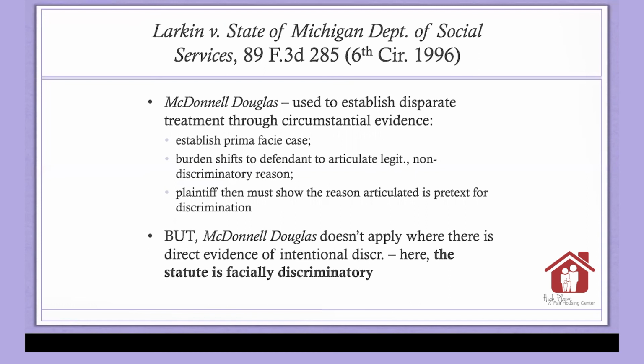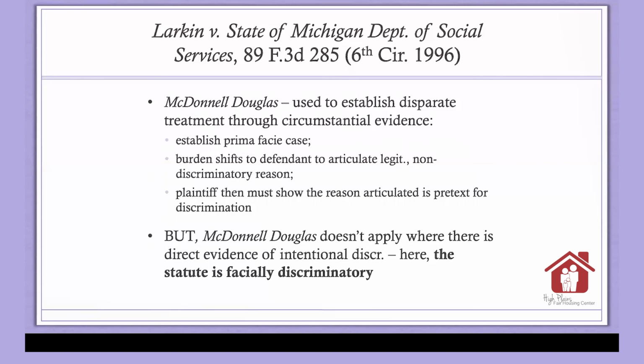And then the plaintiff has a chance to show that the reason articulated is pretext for discrimination. Well, that's where we're trying to establish disparate treatment with circumstantial evidence, because we don't have direct evidence. But here it doesn't apply. We don't need the McDonnell Douglas framework where there's direct evidence of intentional discrimination.